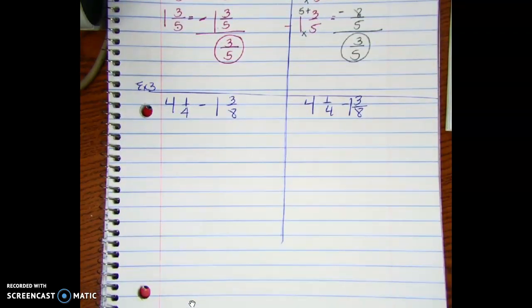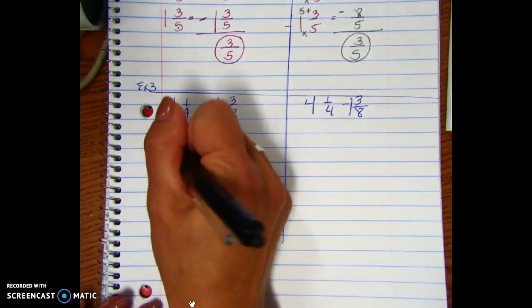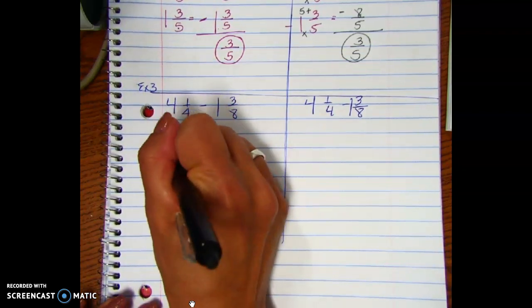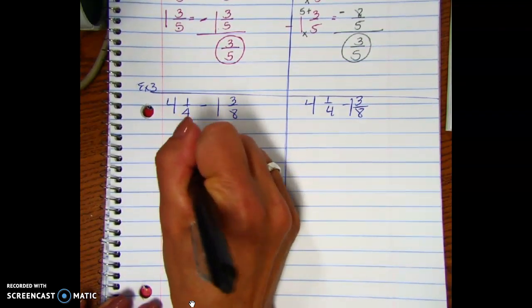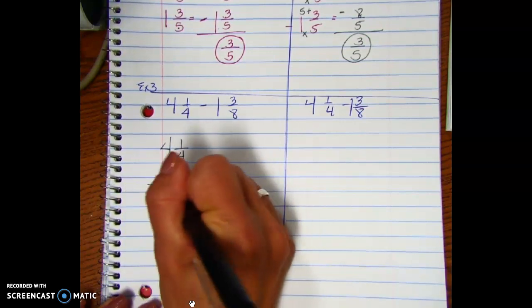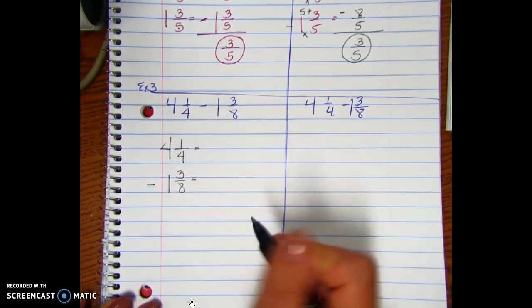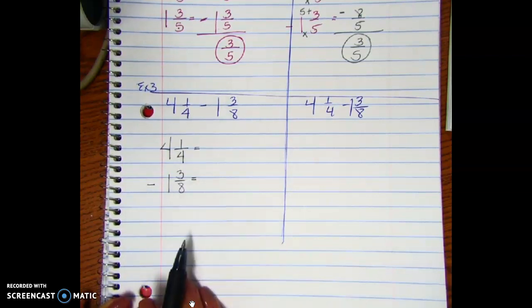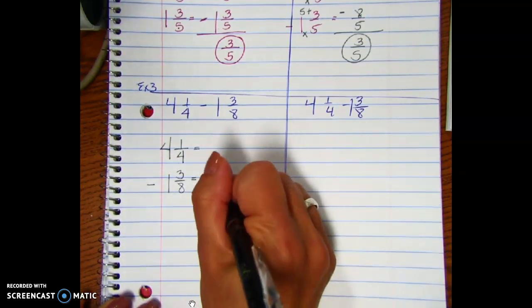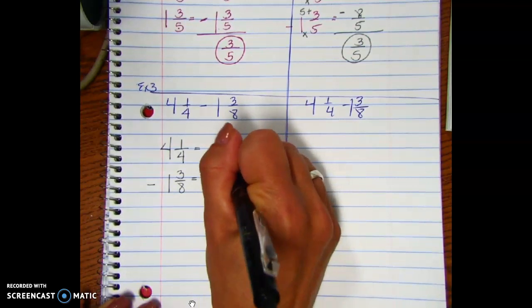All right, one more, because this one is where we have to convert our least common denominator. Now remember, that's step 2 for a reason, so make sure that you keep your step 2 as step 2, okay? So here is 4 1/4 minus 1 3/8. Now, when I look at these, they do not have the same denominator, so the common denominator is 8.